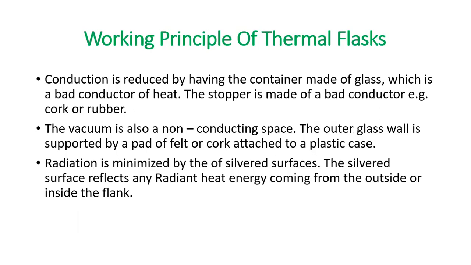The stopper is made of bad conductors, for example cork or rubber. So all these are bad conductors for the reduction of heat losses by conduction. The vacuum is also a non-conducting space.